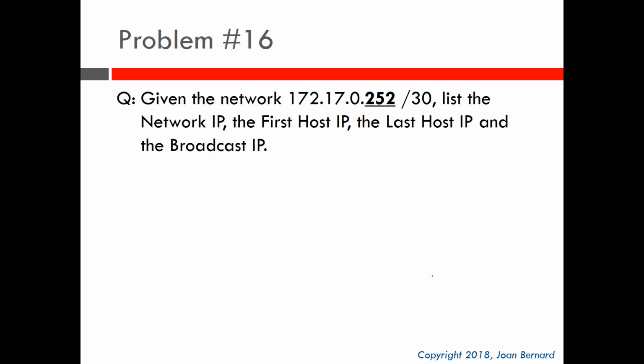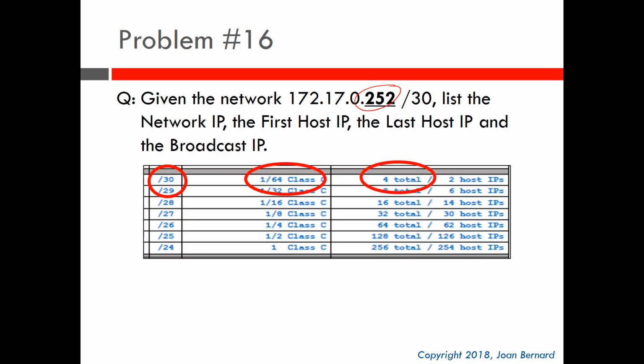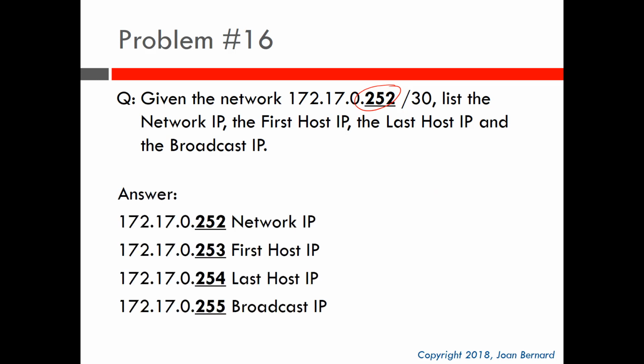All right, what happens if we look at this? Given the network 172.17.0.252, so if 252 is our starting point and it's a /30, /30 of course means 4 IP addresses, then I basically have to say, all right, 172.17.0.252 is my starting point. That's going to be my network. Can't use that one. Add one more, 253, 254, 255.